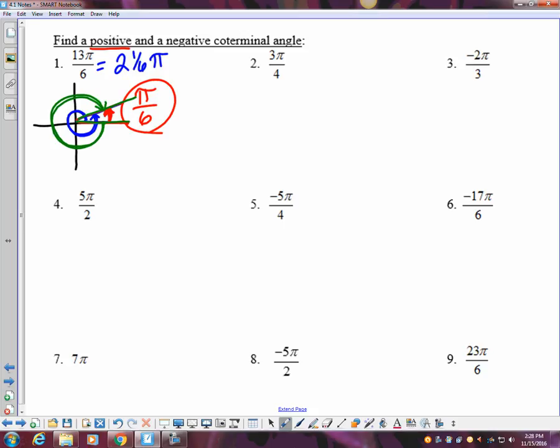Now remember, you're negative. Okay, well, how much is this? Well, half a circle is pi. Remember, we're negative. So I have a negative pi plus, all right, that gets me to here. Now I got to figure out how much this is. Well, guys, think about your fractions. If this is 1/6, then how much is this?